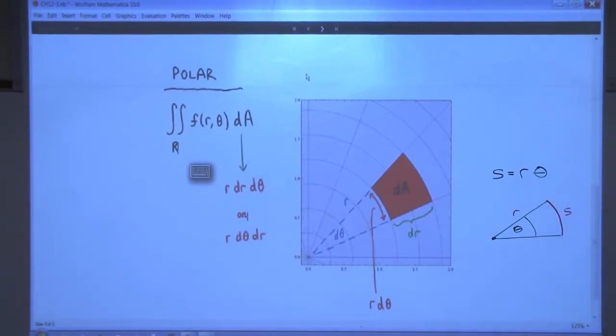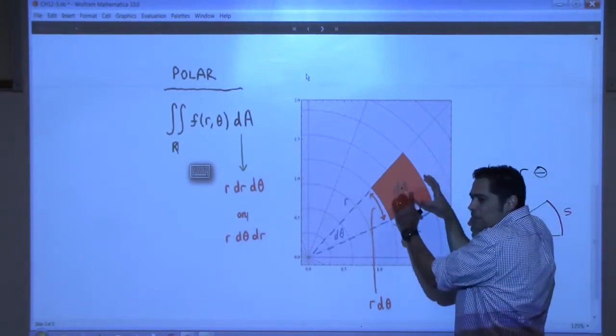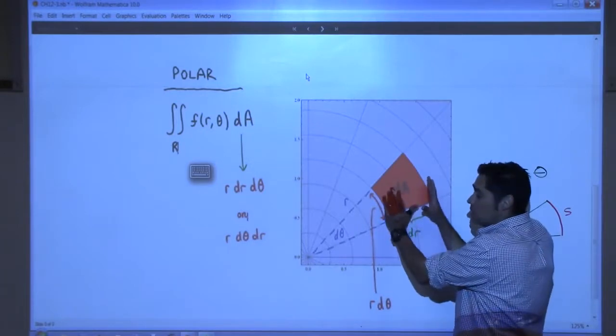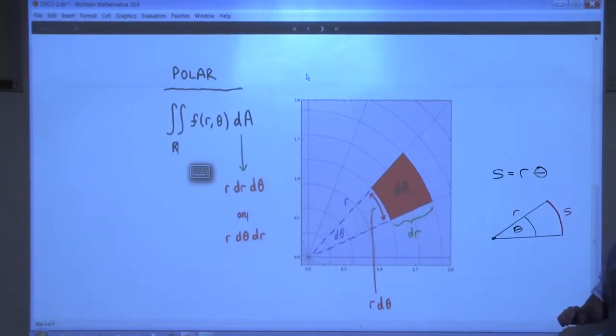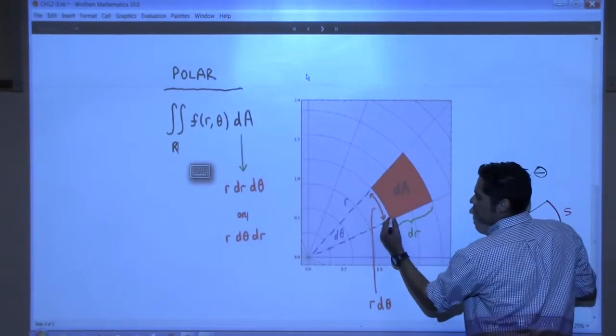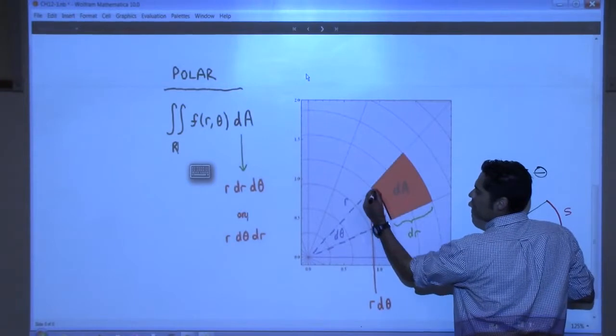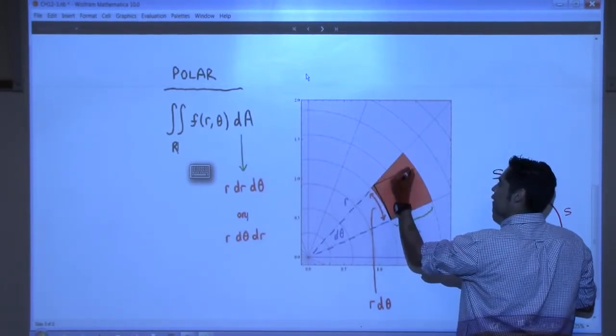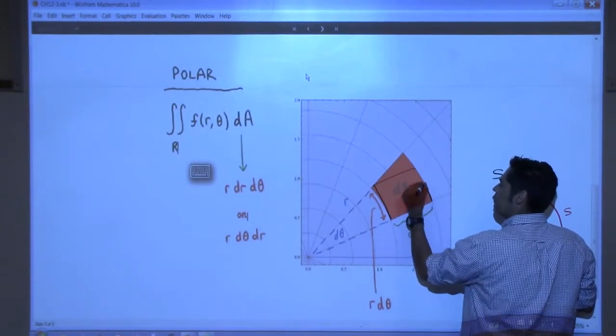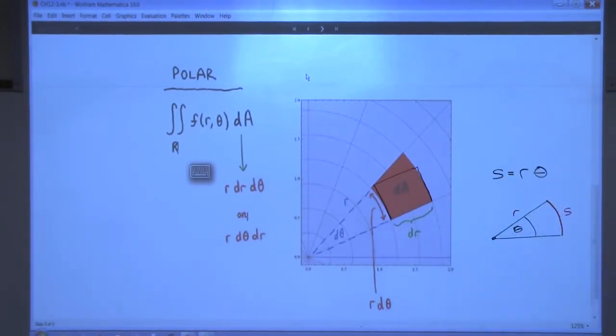Okay, so with that knowledge, if we're trying to take an infinitesimally small little polar rectangle and we need to know its area, then do you agree that it would be approximately the area of that rectangle? Do you see that?